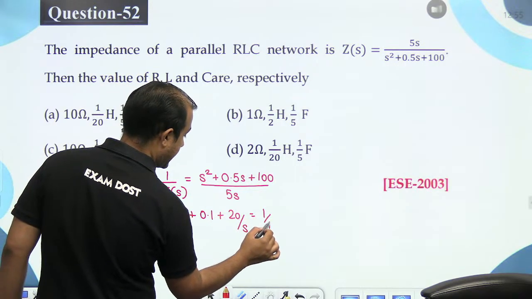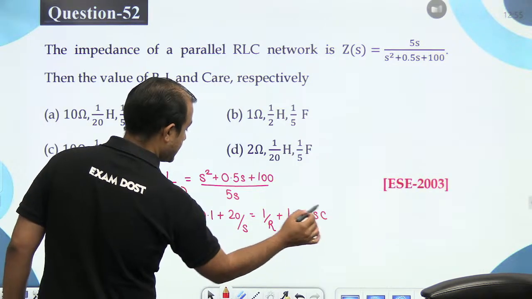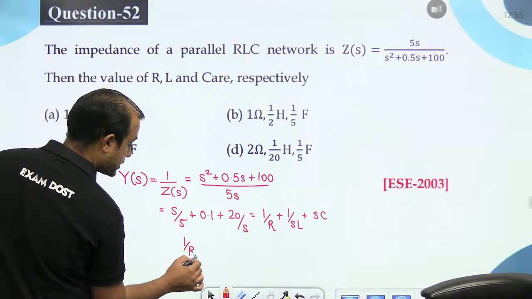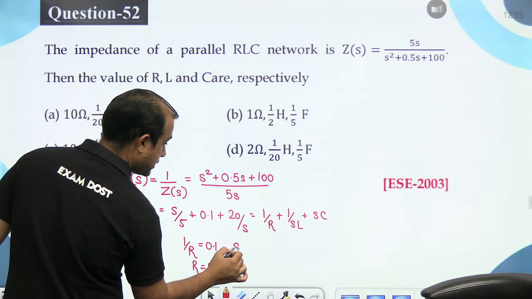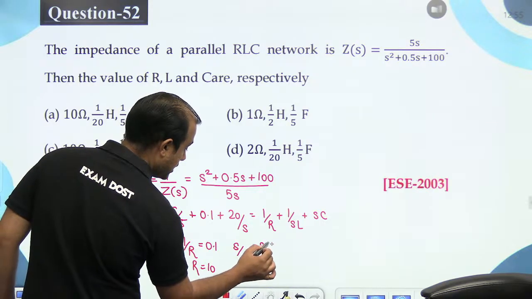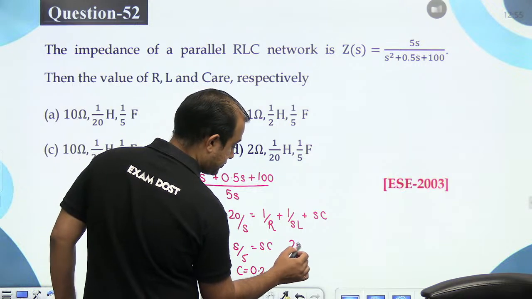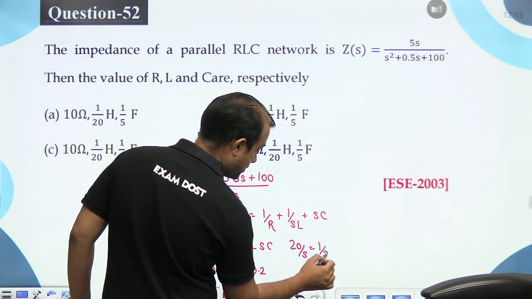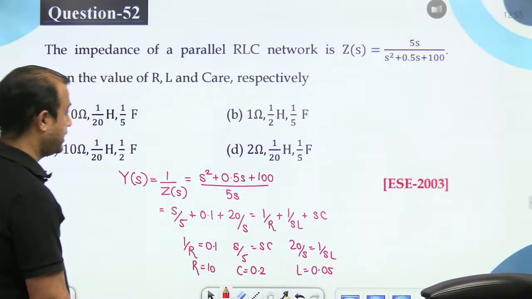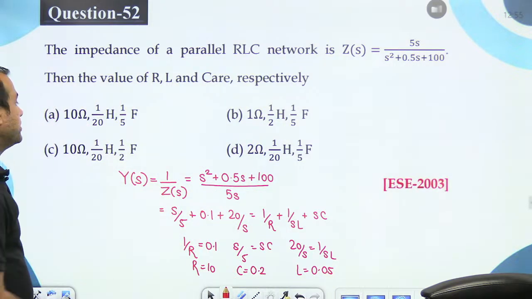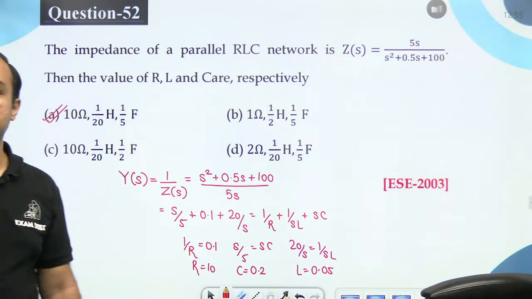In a parallel RLC network, the admittance is sum of the admittances. Now compare. Constant term is 1 by R. So R is 10. S by 5 is SC. So C is 0.2. 20 by S is 1 by SL. So L is 0.05. Okay. So RLC is 10, 1 by 20, 1 by 5. Okay. समझे? 10, 1 by 20, 1 by 5.